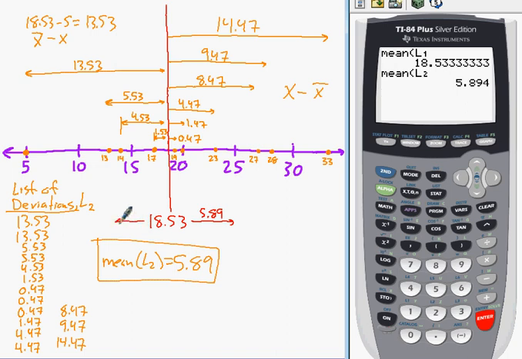And we can maybe do that to both sides because, again, we really didn't care whether it was above or below, so it could go to either side. So as you go above, you start at 18.53, add the 5.89, you'll arrive at this upper boundary of 24.42, which is around here, we'll say.